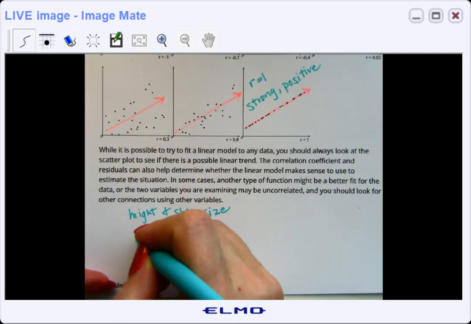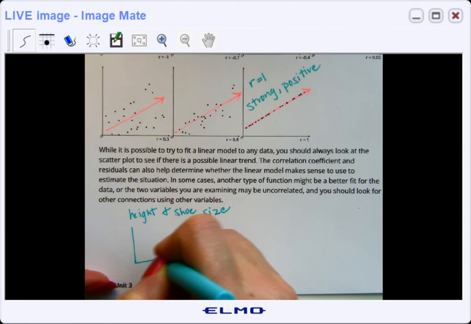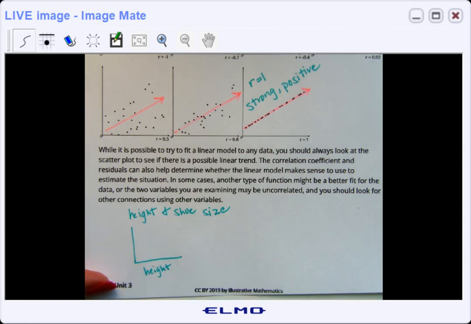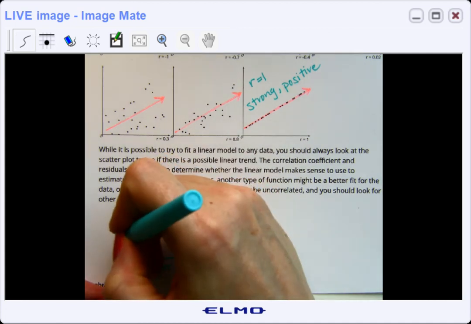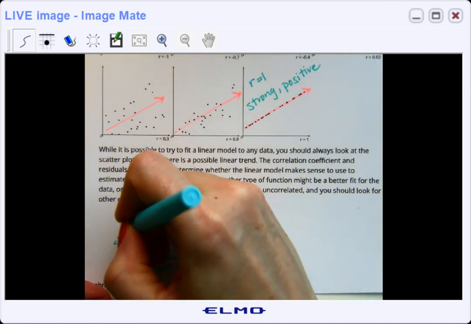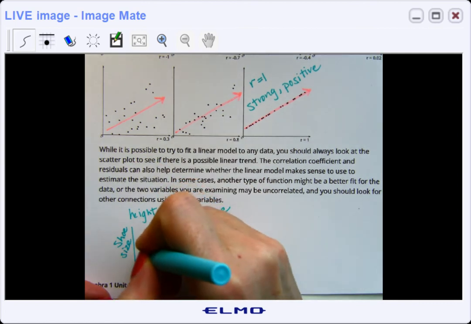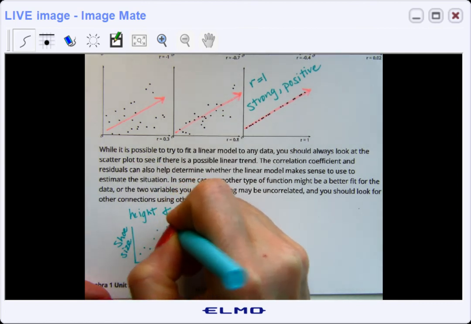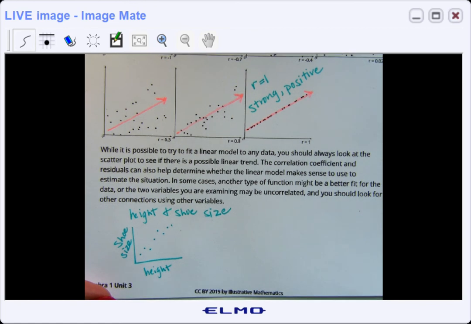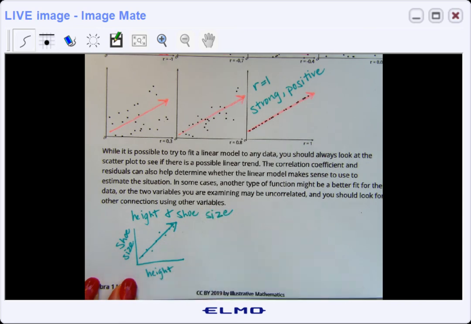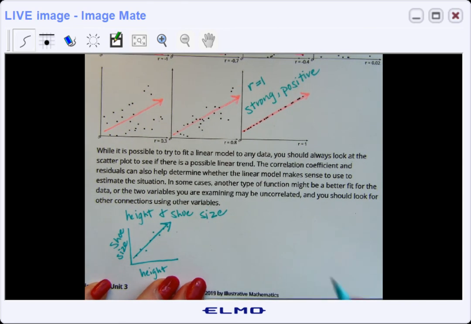I would say that in general, as the height of a person increases, so does their shoe size. It's not going to be a perfect fit, but I'd say it's a pretty strong relationship: increasing, positive and strong.